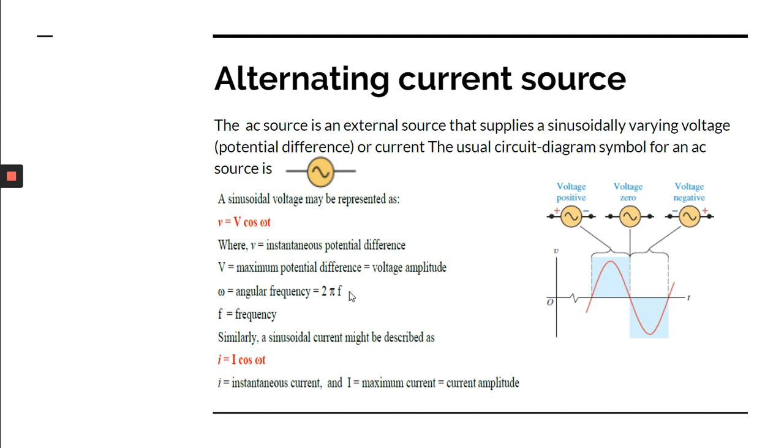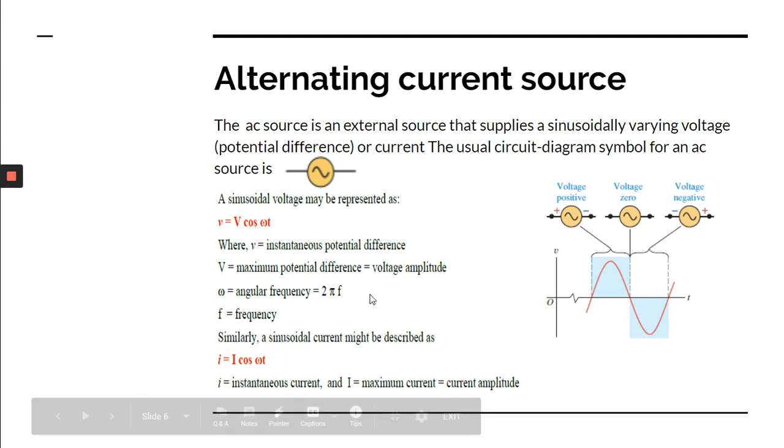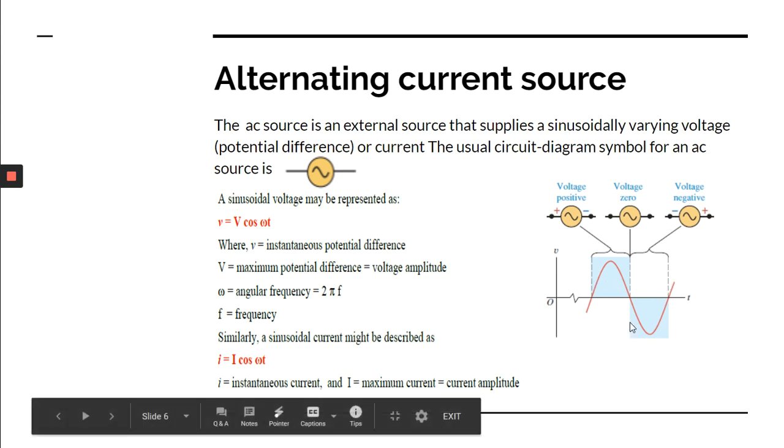And what is omega? Angular frequency. If the frequency is f, then you can write omega is 2 pi f. So what is this angular frequency? As this is one cycle, in 1 second how many cycles are there? Because a continuous source is applied, it continuously gives you the voltage, and the voltage varies sinusoidally with time.